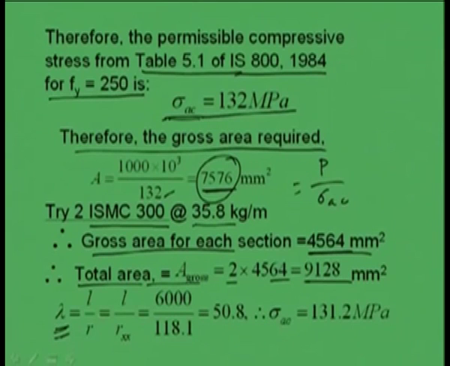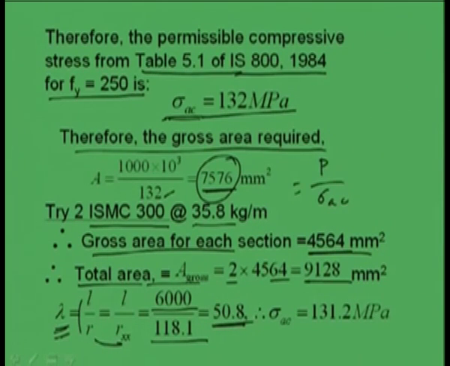For this actual section we can find out lambda, the slenderness ratio. Slenderness ratio is L by R, and in this case R will be Rxx. L is the effective length, 6 meter, and R is 118.1 millimeter, which we can find out from IS 800/1984, and then lambda is coming as 50.8.